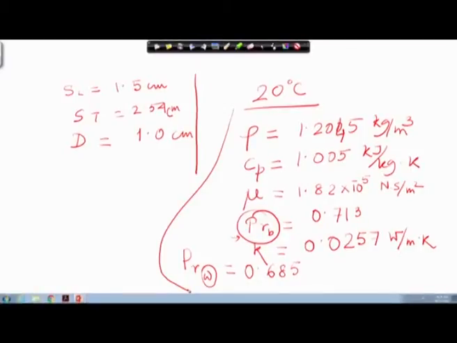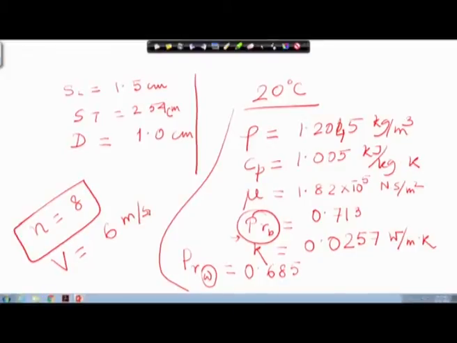These are the values. We know the number of rows is 8 and the velocity V is equal to 6 meter per second. With this information, we now try to calculate the different parameters.